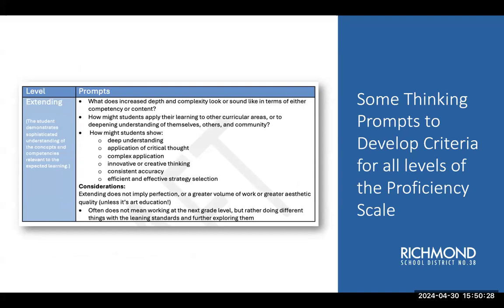What is important to think about with the bookends of our proficiency scale, the extending and the emerging, is that they are so broad. We might be able to see so many different things that students are demonstrating that it could be helpful to know your students before developing this particular tool, because you can write in the specific things that you know that they would be demonstrating. And so that the tool becomes quite personalized for them.